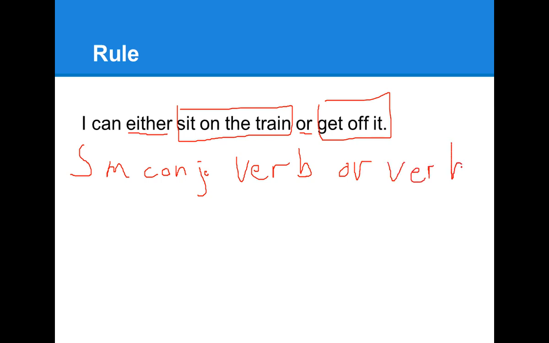We have our verb and the rest of the phrase that goes behind it. Sit on the train, get off the train. But here is our basic rule. Again, we're putting emphasis on the choice of either sitting or getting off. Can't do both.